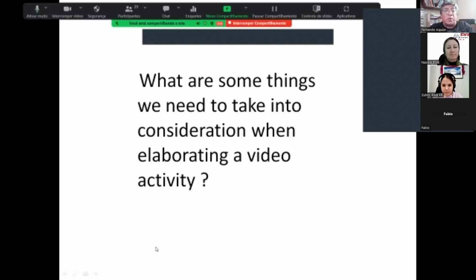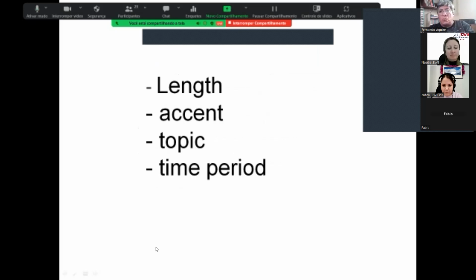Yes, this is really important. So the length, when you're talking about a video activity for the classroom, length is crucial. You have to prepare an activity which you will be able to play at least twice. That's my opinion. And that means the video should be 3 minutes maximum. Okay. The accent is really important.